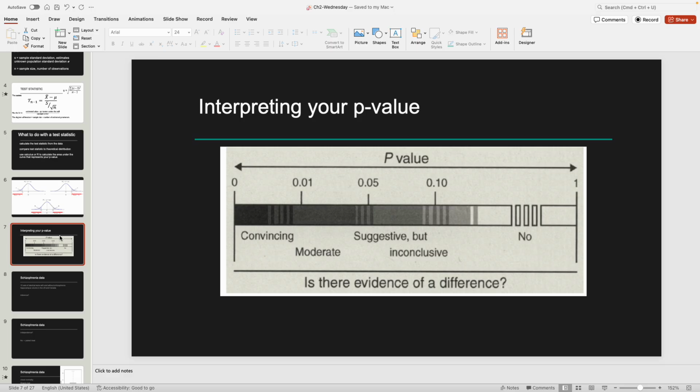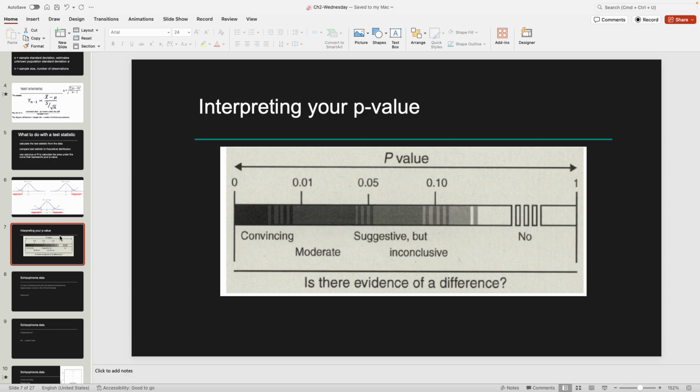When it's less than 5%, that's starting to get more rare, right? But it's still not impossible. So kind of more of a moderate amount of evidence as your p-value edges towards 1% or 1 in 100, and very convincing when it's less than 1%.